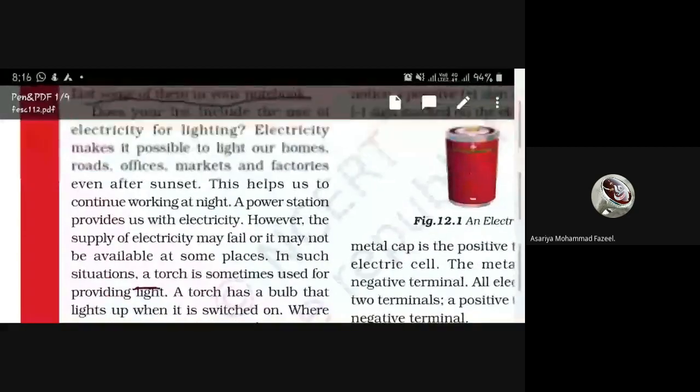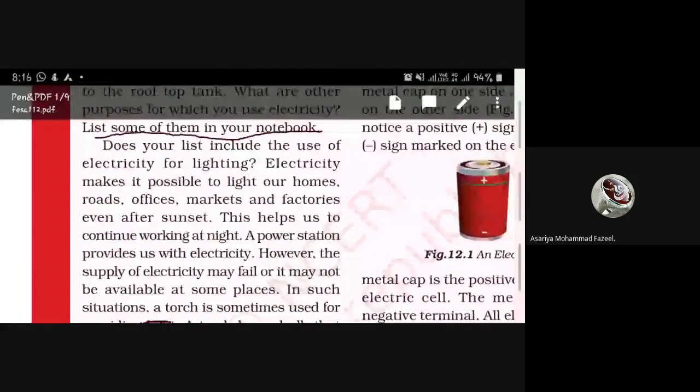Okay, now we will make a list of tasks where electricity is used. Here it is explained that electricity is also used for lighting the bulbs. After sunset, it becomes dark, so we light bulbs in our offices, homes, roads, markets, factories.